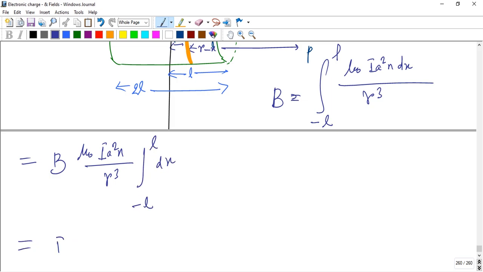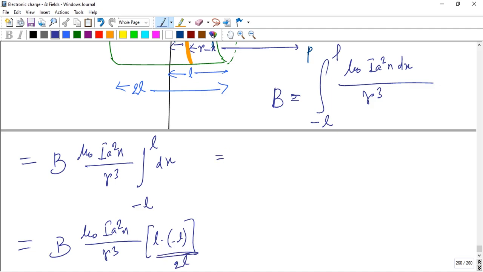Now the integration of dx is x, so upper limit minus lower limit, L minus minus L, finally we get twice L. So we get the expression B equals mu 0 I a squared n 2L by R cubed. Okay, so see that very carefully. These are the expressions.